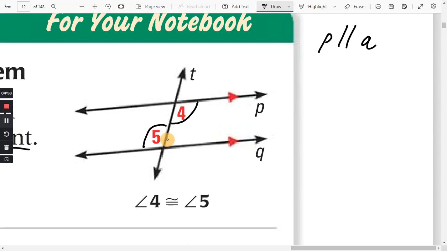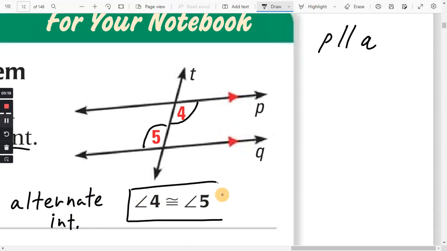So 4 and 5 are alternate interior angles. All right, I'll just write that here. Alternate interior angles. And as long as the lines are parallel, alternate interior angles are congruent.